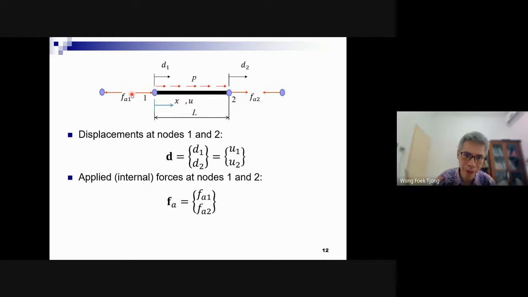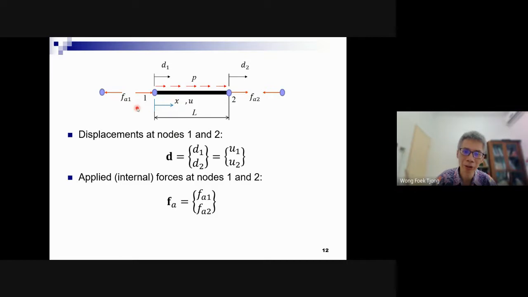Axial displacement or longitudinal displacement, okay? u1 and u2. And then the applied force, we can regard also as internal force, because when we cut, this is nothing but the force at the cross section, right?